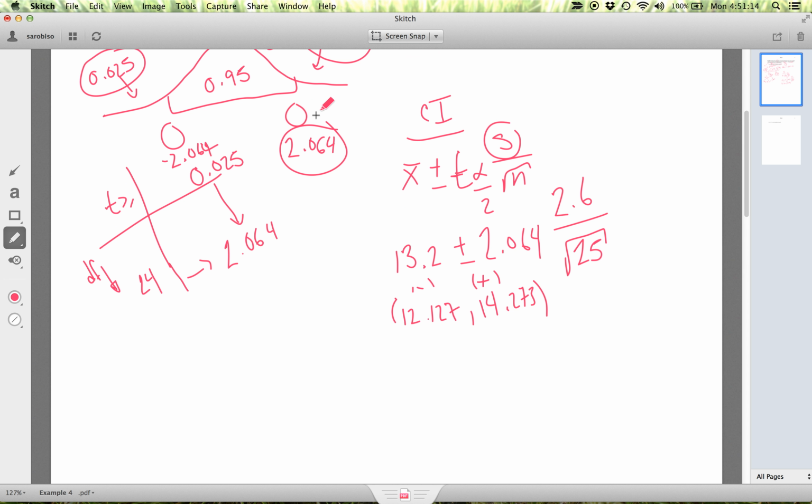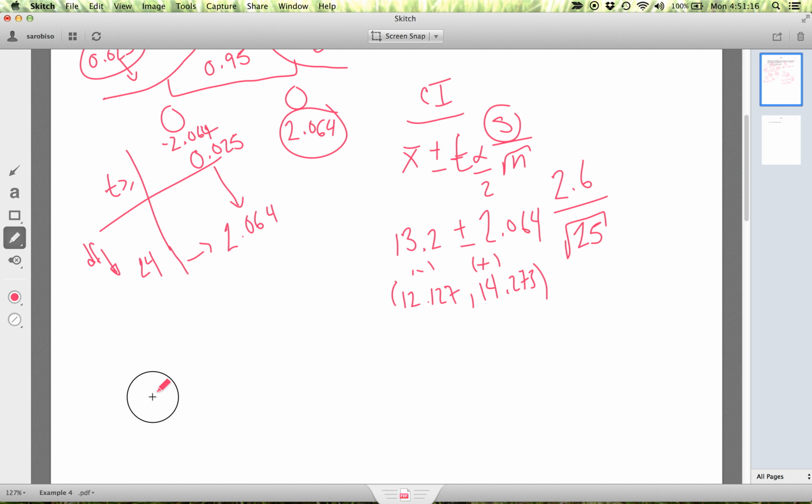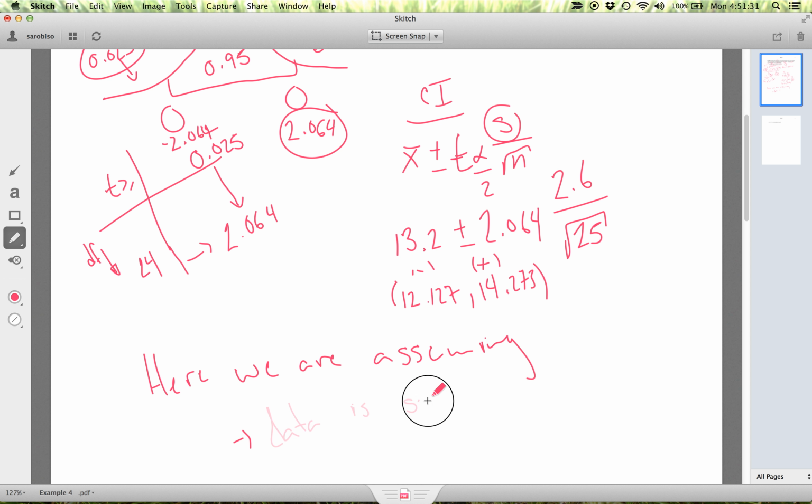So here we are assuming that this data is symmetric, or roughly normal.